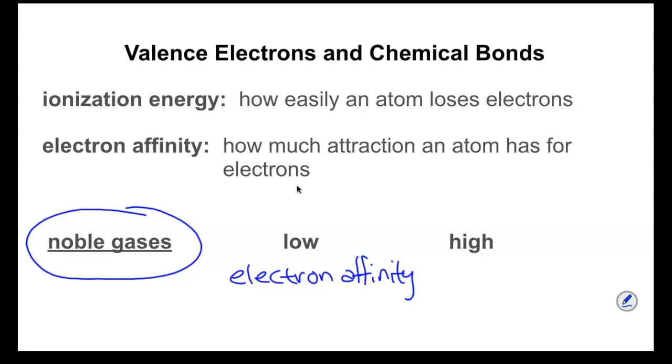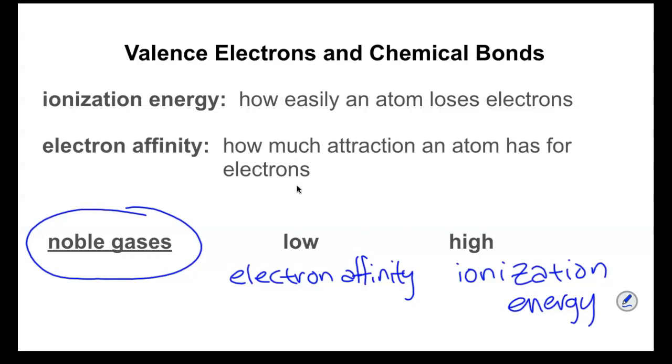When you think about ionization energy, that's the energy required to remove an electron. Well, they're noble gases, they're stable. They're going to have a very high ionization energy. It's going to be very difficult to remove an electron from a noble gas.